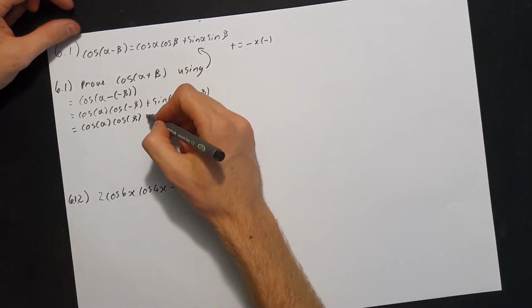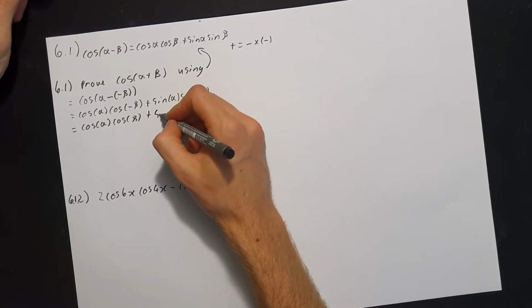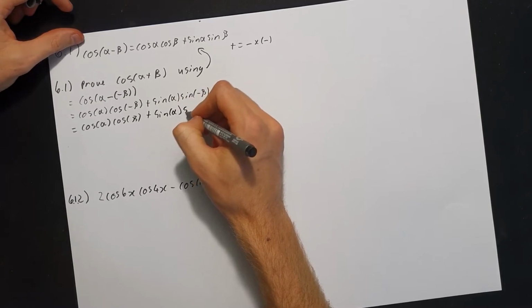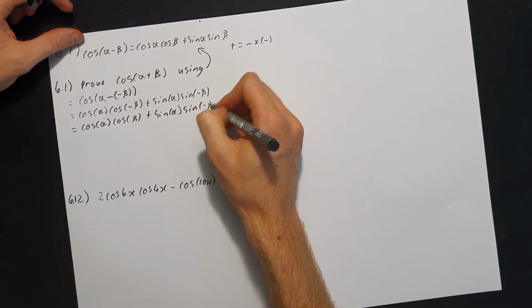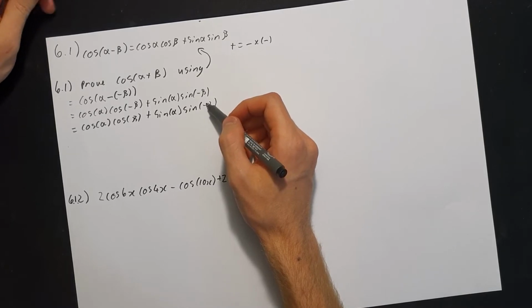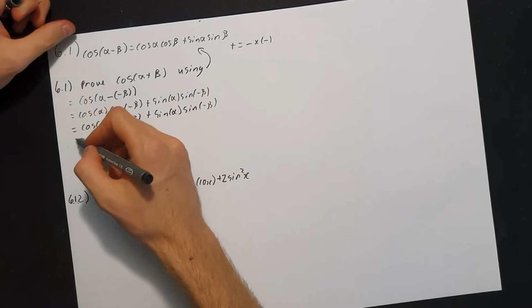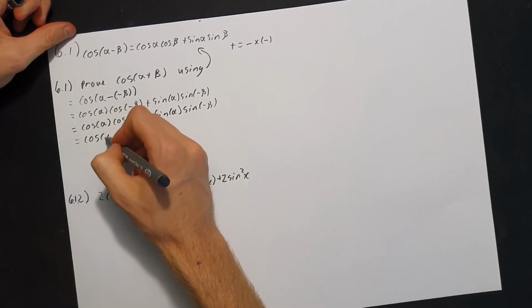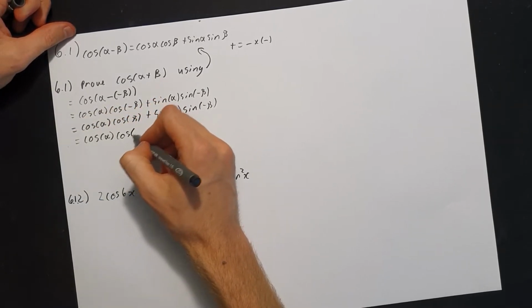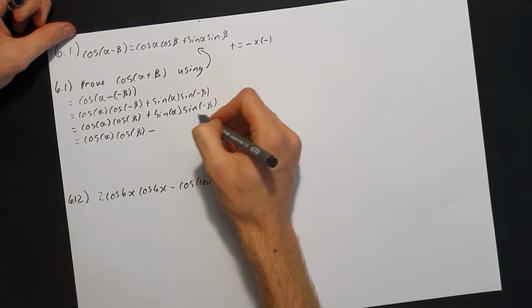Okay, then we'll do one at a time, sine of alpha sine of minus beta. Now we know that sine of negative beta is going to give us negative sine of beta. So therefore we'll have cos of alpha cos of beta minus, because now this turns into a negative.